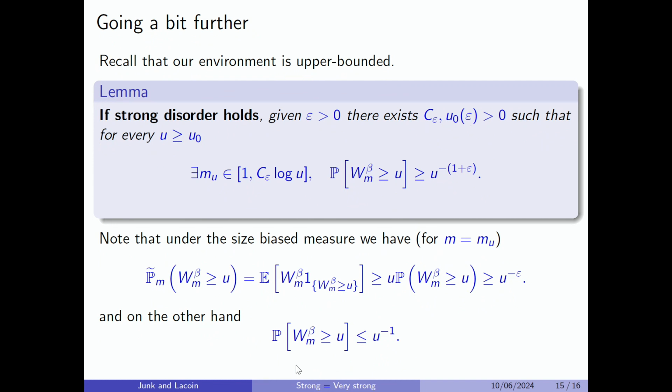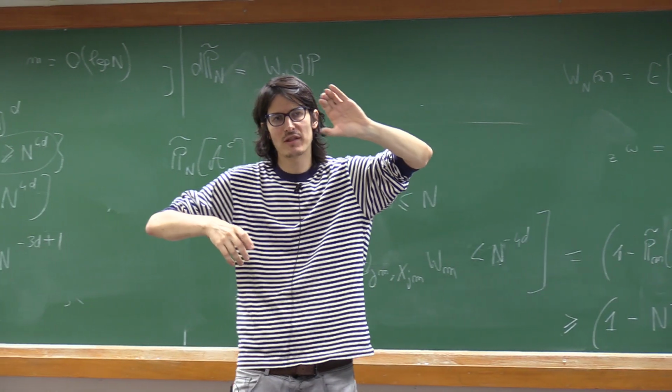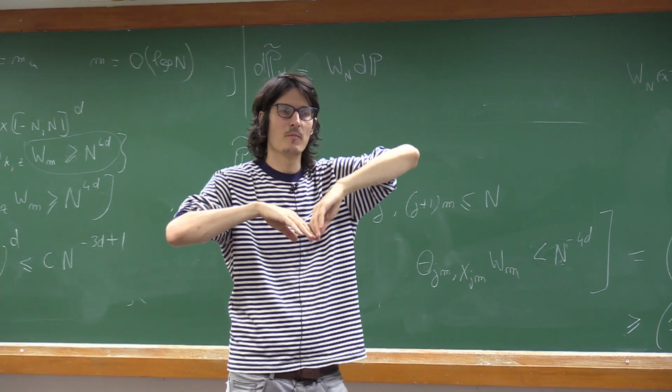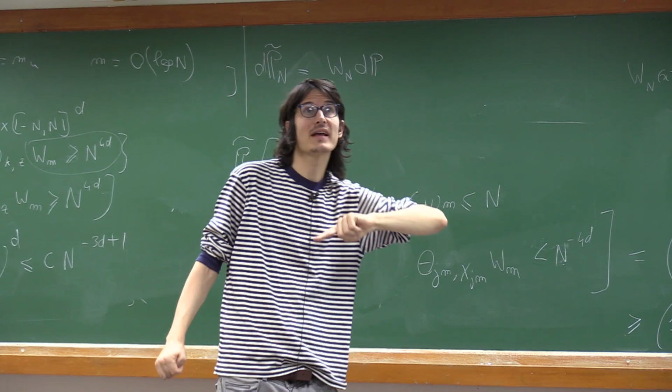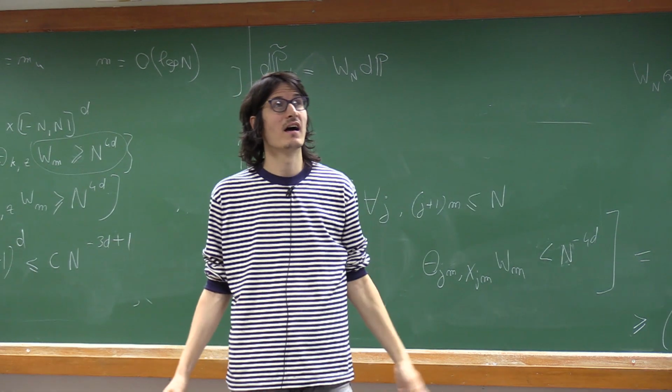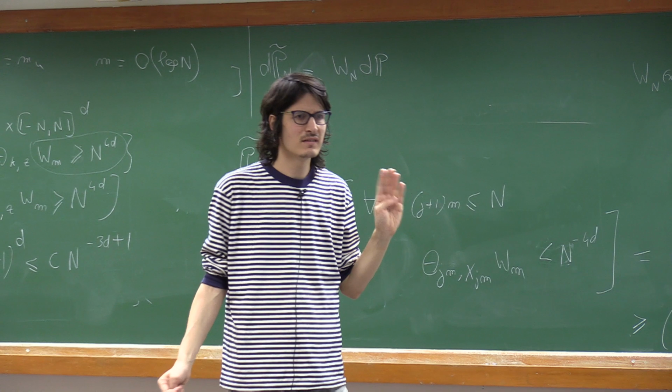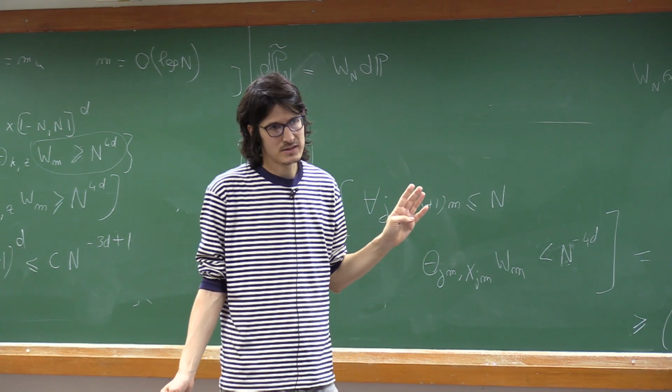What's crucial for this result to hold is some assumption on the underlying random walk. Let's say you do not consider a nearest neighbor random walk. If the probability of going to distance L decays like a power of L, then that's good.